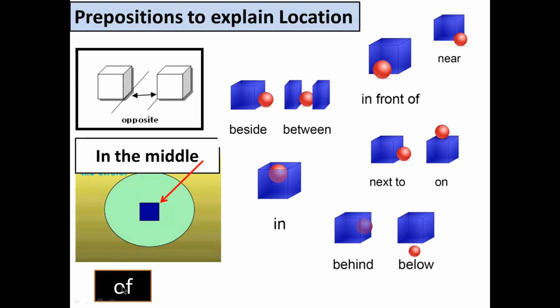And of is a preposition that goes with other prepositional phrases like in the middle of, opposite of, and in front of.